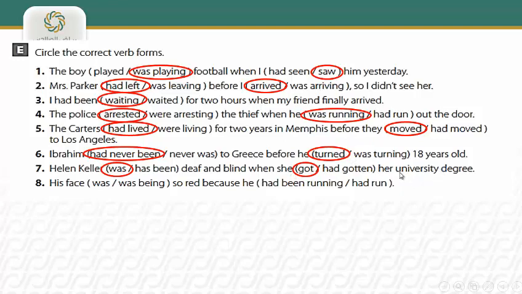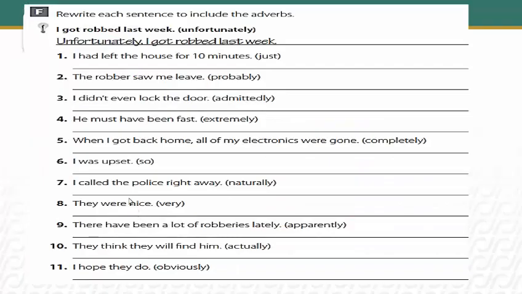He turned 18 years old. The last exercise, exercise F. Rewrite each sentence to include the adverbs.